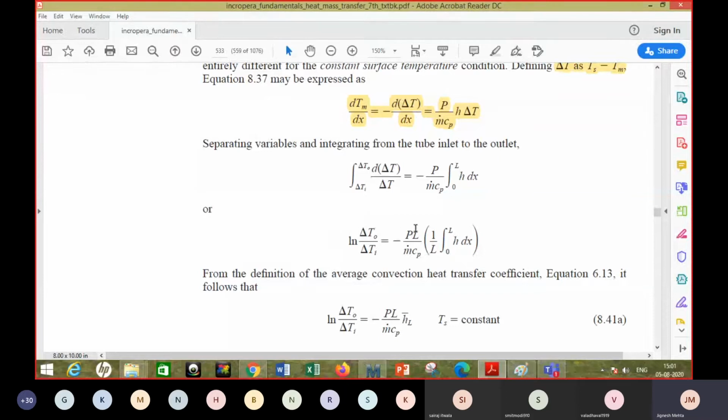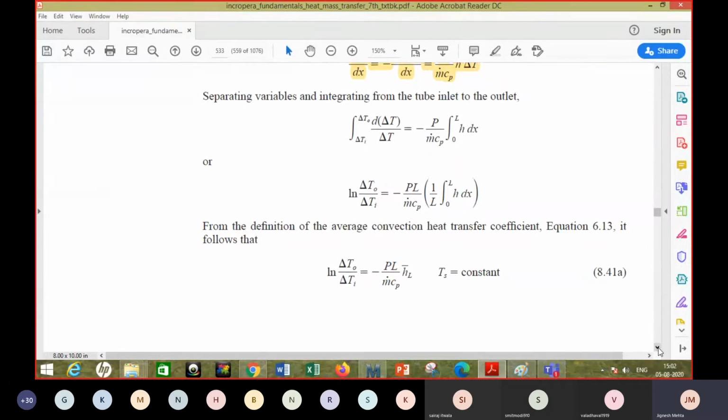So the natural log of that is equal to minus PL upon m dot Cp, and you multiply with 1 upon L and with L, because you want to write this in terms of an average value of h.